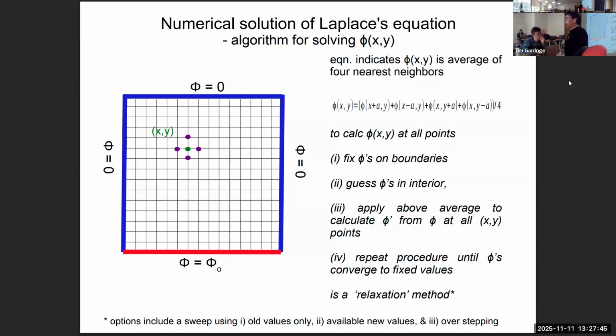Once it's leaked into the region above, on the next trial through, it's going to leak into the region above that. And then on the next trial, leak into the region above that. And slowly, this potential will leak into, like some sort of fluid, the region of space that's interior to the problem. And it'll leak in and leak in and leak in.